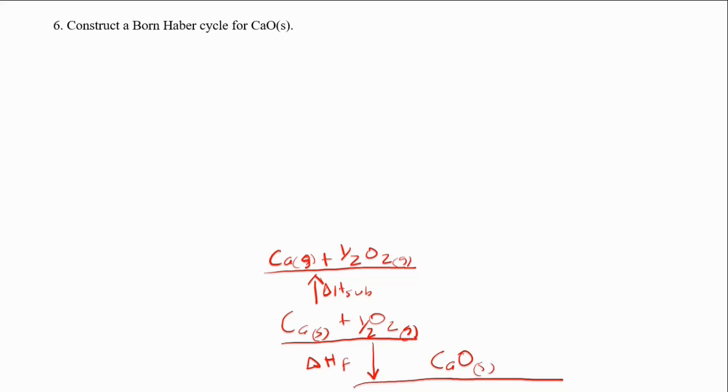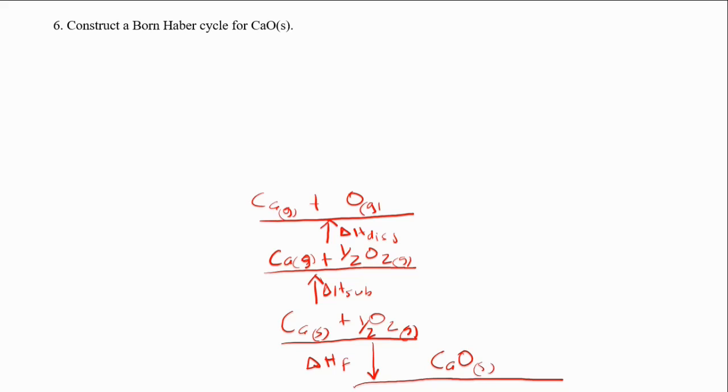Now, what we can do is do dissociation for our oxygen. So we have oxygen atoms, gaseous, plus calcium gas.